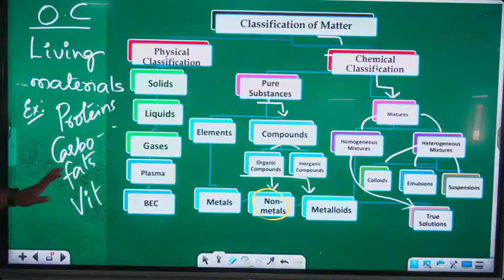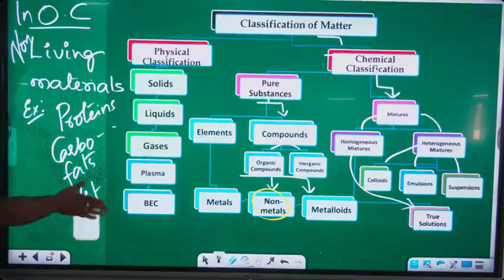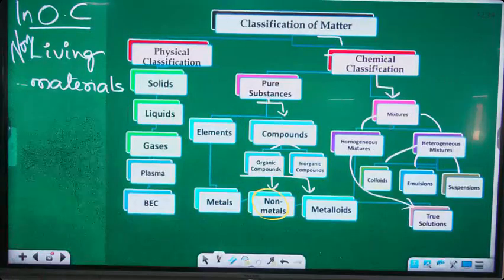Done. Then what do you mean by inorganic compounds? Quite opposite. So the moment you are saying inorganic compounds, it means the compounds which are obtained from non-living materials. The compounds obtained from non-living materials, what name antam? Inorganic compounds. The compounds which are obtained from non-living materials, they are known as inorganic compounds.